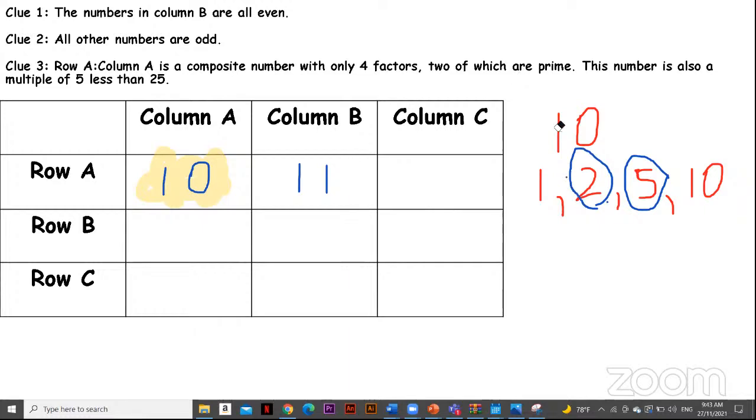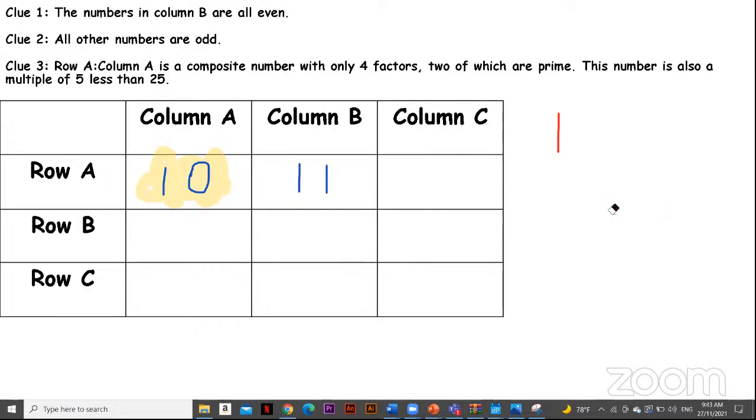All right, so let me just erase these here. We are going to try the number 15. What are the factors of 15? List the factors of 15, guys. Let us see if row A, column B can be 15.